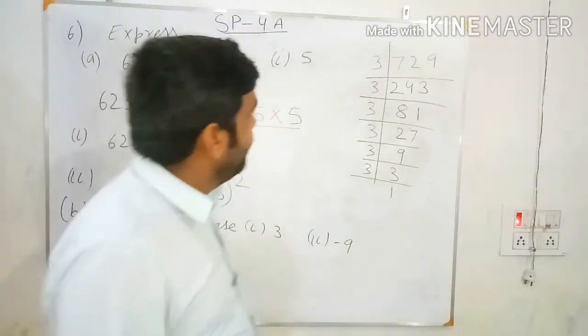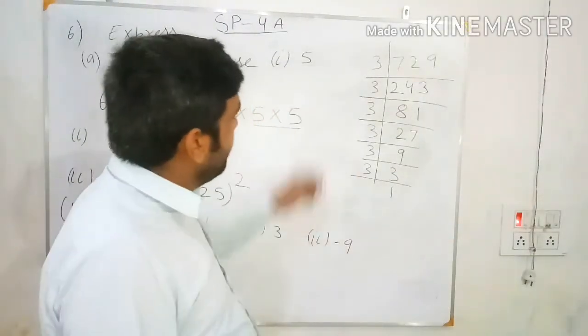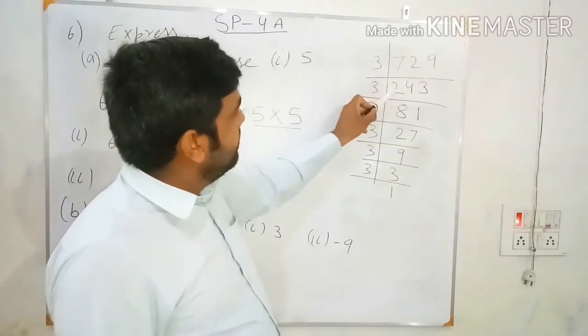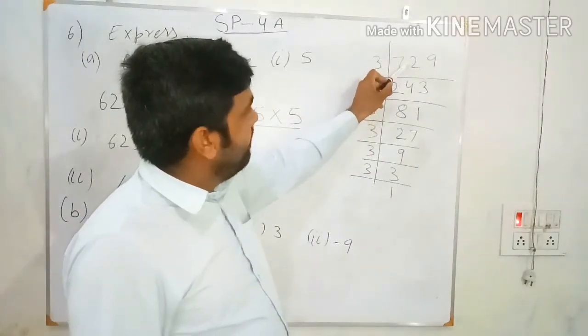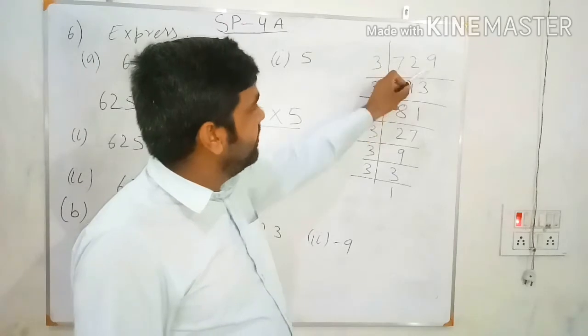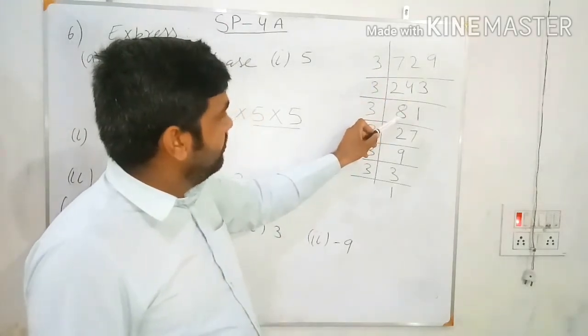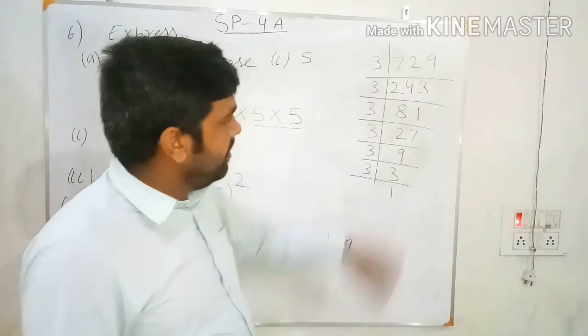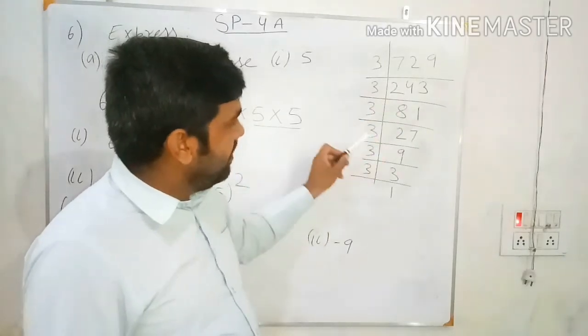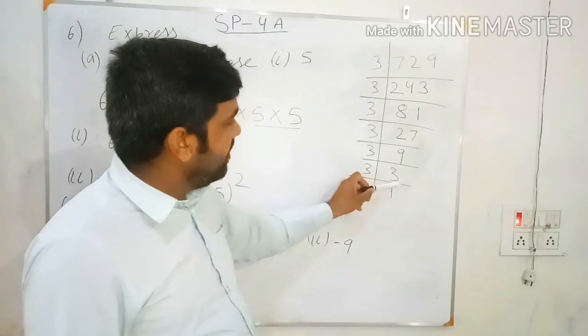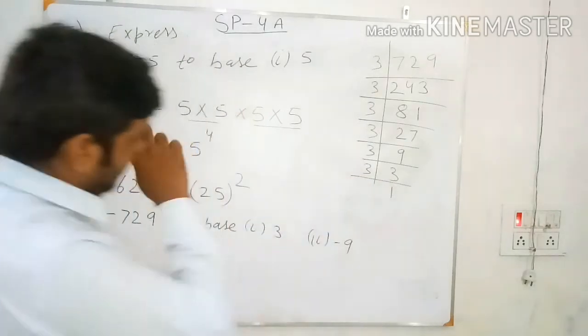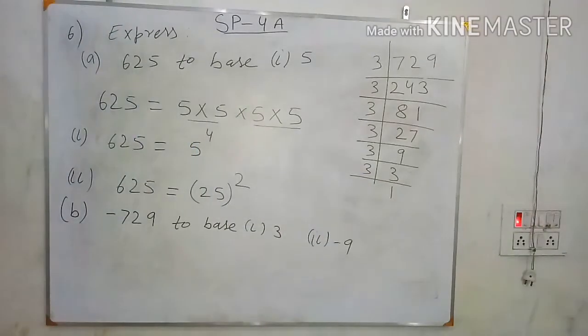One more time we check this factorization. 3 twos are 6, 3 fours are 12, 3 threes are 9, correct? 3 eights are 24, 3 ones are 3, 3 twenty-sevens, 3 nines, 3 threes, 3 ones. So 6 times. Okay.